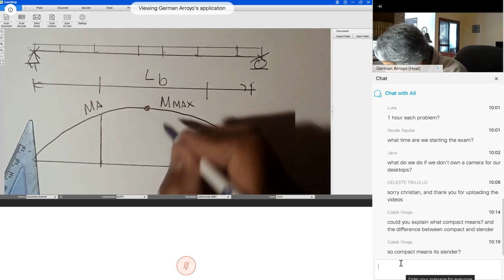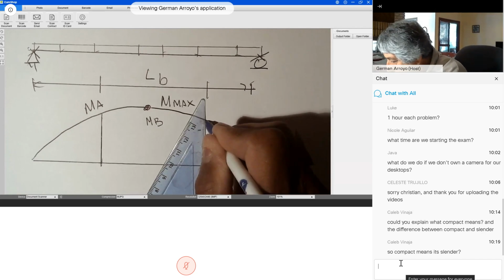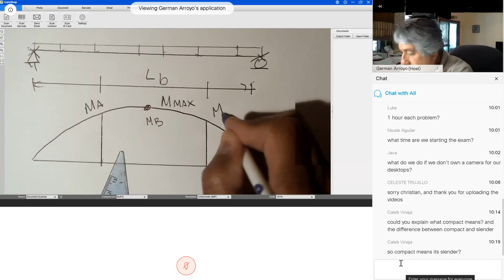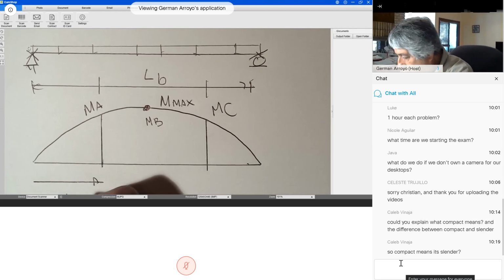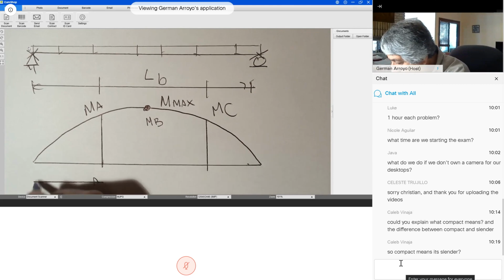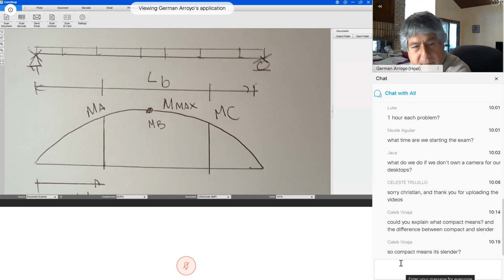This is also going to be MB, and this is going to be MC. This is L over 4. This is L over 2. And this is 3/4 L.